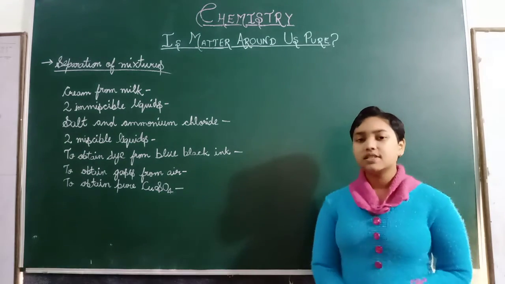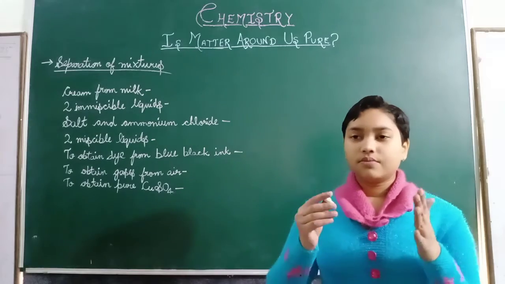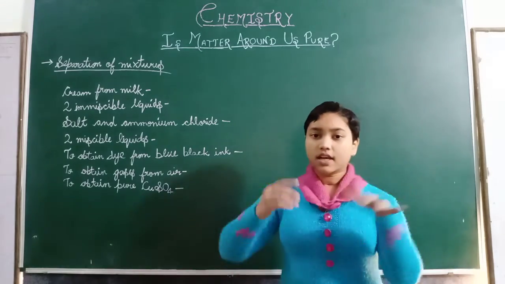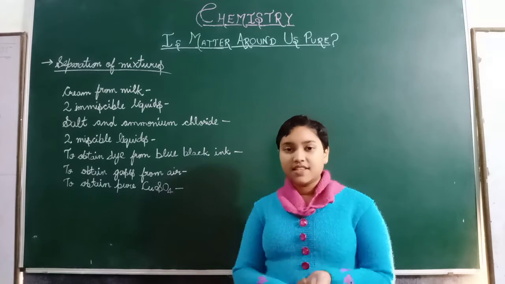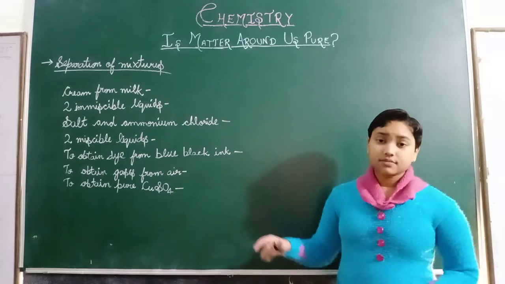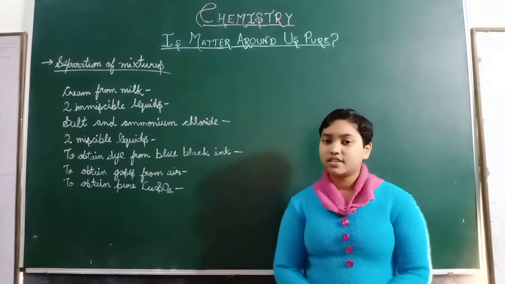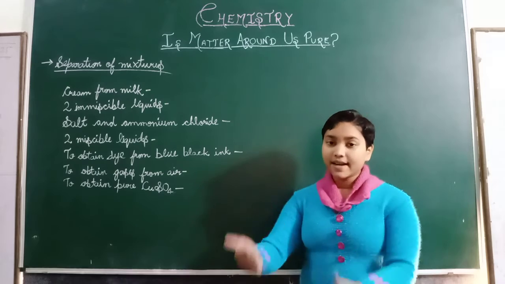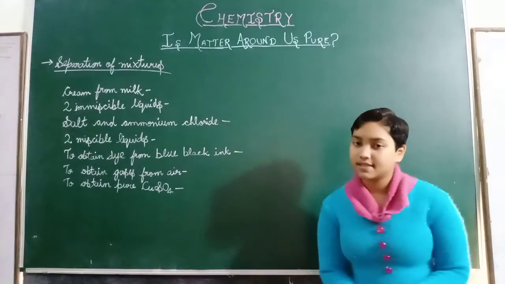Air is a mixture of many gases. To obtain the different gases, we will use the fractional distillation method, and it is based on the liquefaction of the different gases.